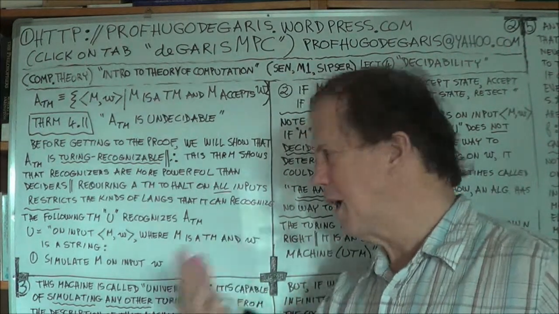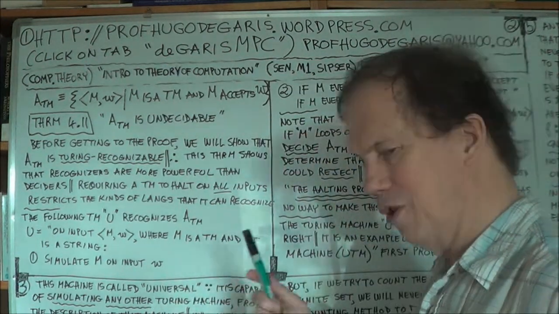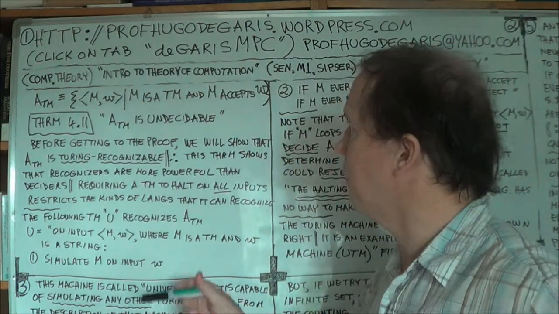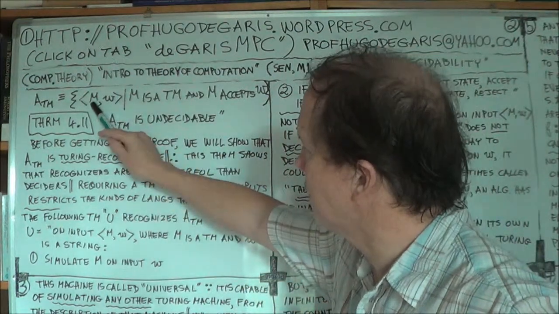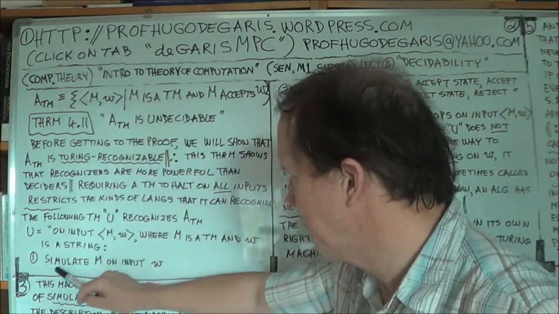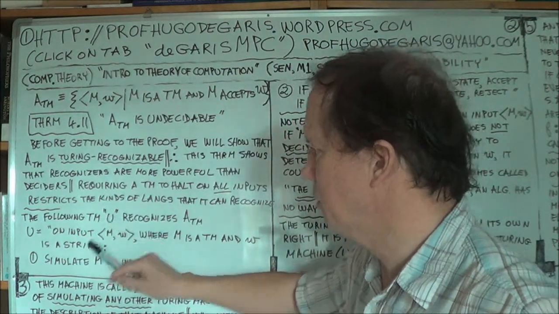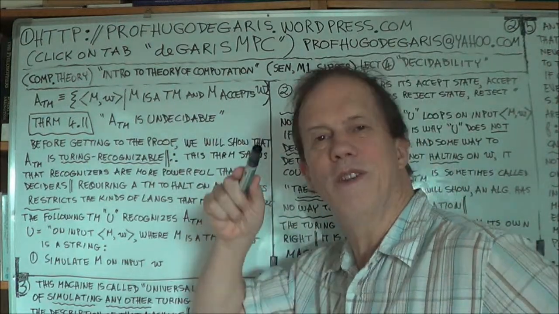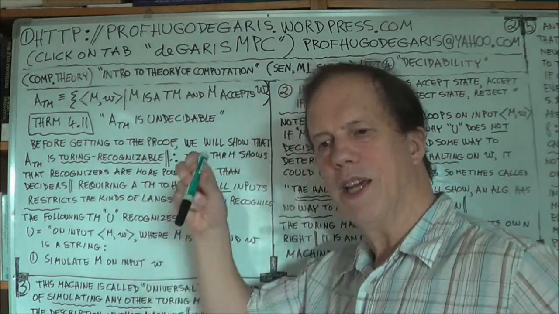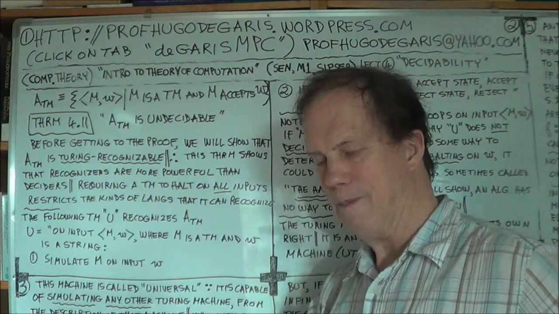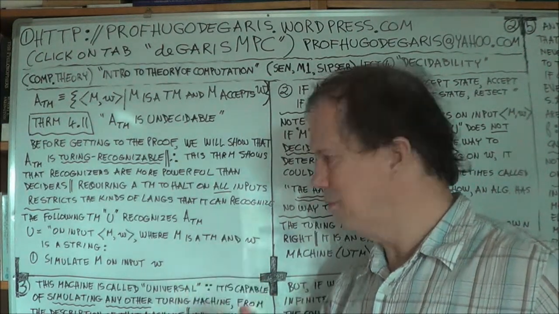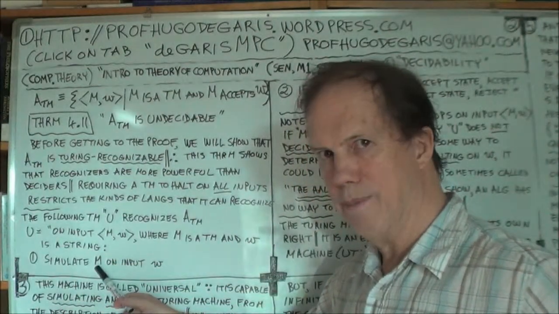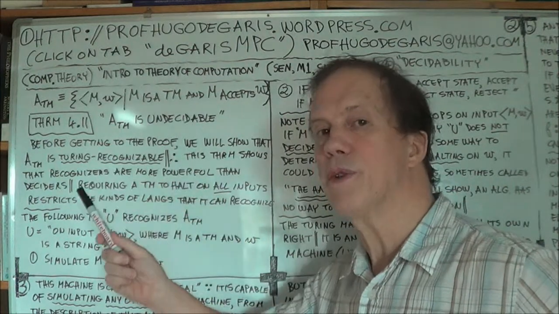So this Turing machine U is simulating M. But what's M? Well, M's a Turing machine. So you've got a Turing machine simulating a Turing machine. And U can simulate any Turing machine M. So in that sense, it's universal, right?